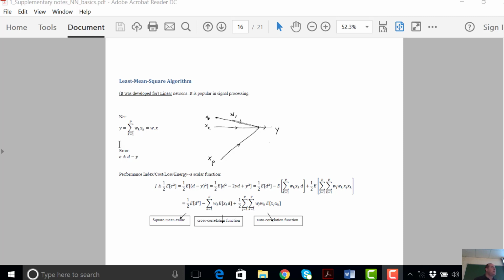And typically we use the error as a metric, and then from the error we obtain a norm, typically the L2 norm, and then we have this particular expression here, which is cost, loss, or performance index, or energy function. All these words are interchangeably used in the literature, so if you see it, you should know what this one is.